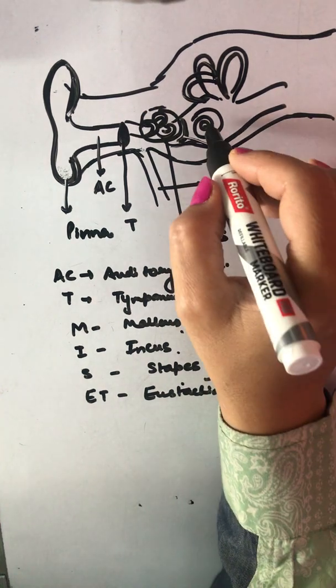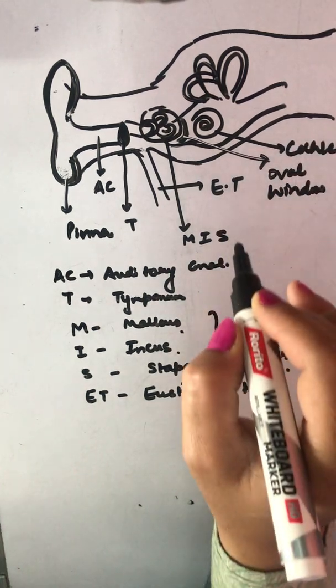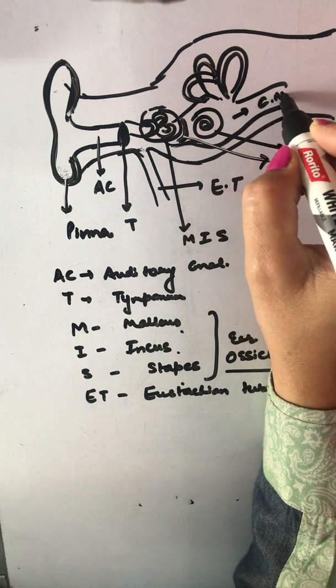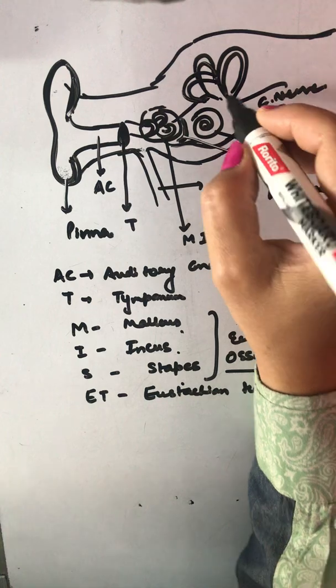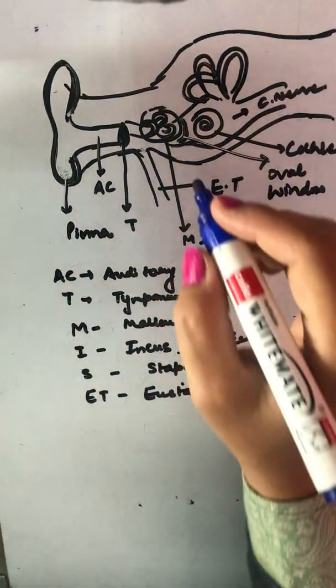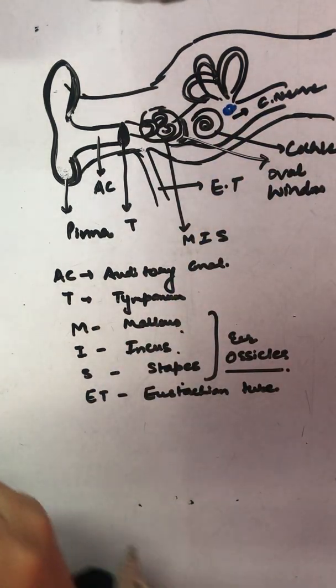Then this coil structure is known as the cochlea, and this is the cochlear nerve, which is going to the brain, and these tiny projections here are the vestibules.